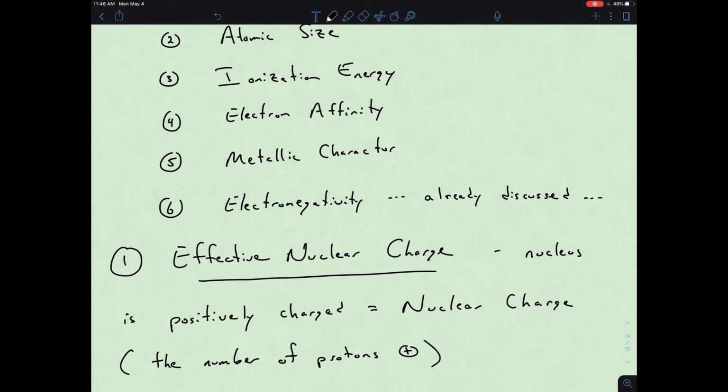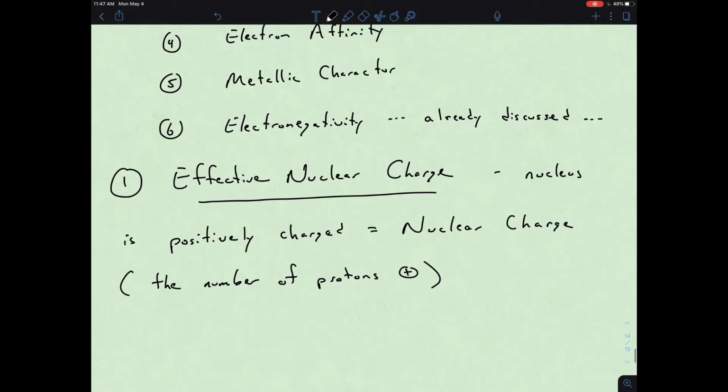Remember, protons are positive. So that's one of the reasons that the electrons are hanging out: they have a Coulombic attraction because they're negative to the positive core.